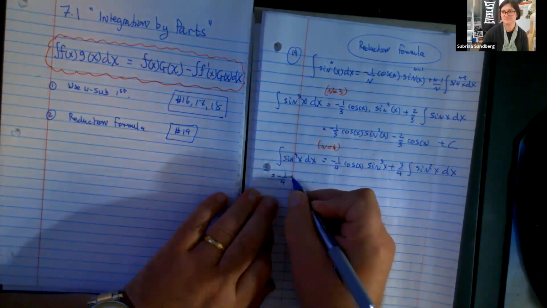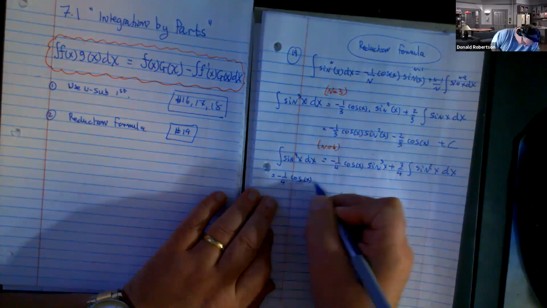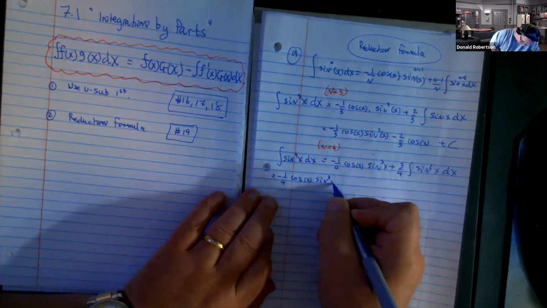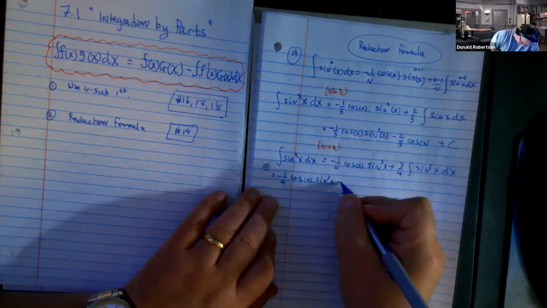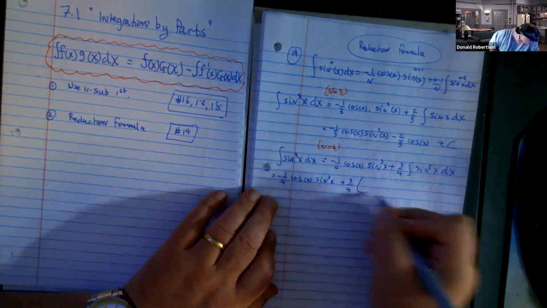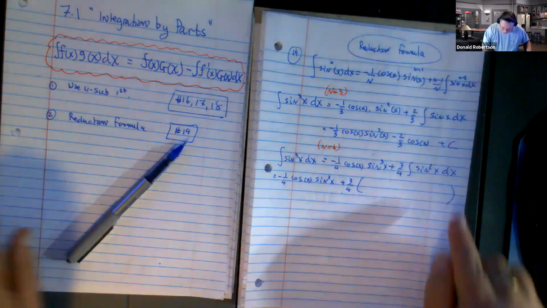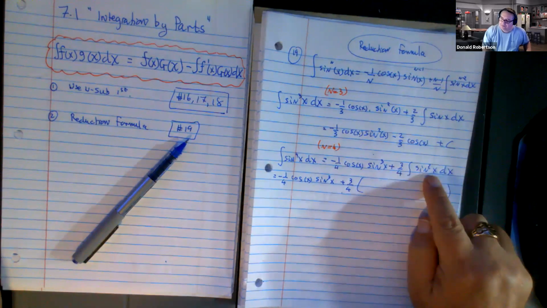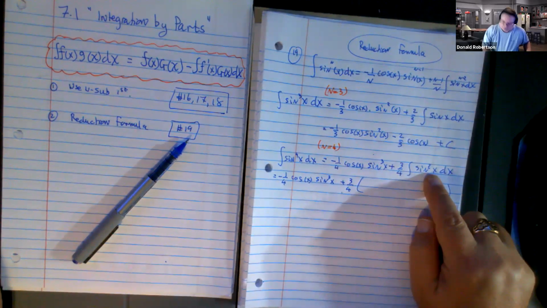Repeat the process. Correct. What will be the n value that we will use in this repeat of the process? What's the n going to be this second time round? 2.